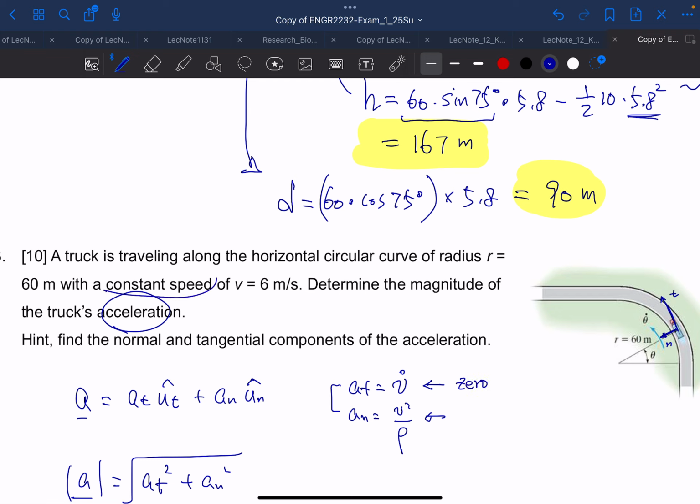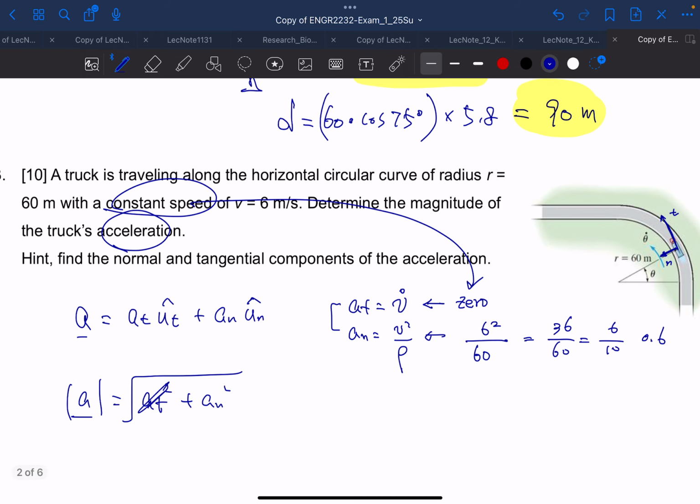And for this one, we're just plugging in 6 squared over the radius, which is 60. This is 36 over 60, which is 6 over 10, so it's 0.6. So we don't have the tangential part. Therefore, this is just 0.6, and don't forget the unit, meters per second squared.